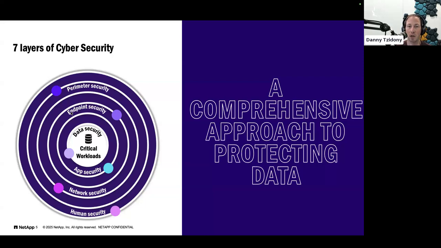Whatever application we're using, whether for leisure or for business, also must be protected. Code could have vulnerabilities. I'm sure that the developers in the audience know all about writing secure code and trying to minimize breaches and weaknesses. And that's another important aspect. And last but not least, we've got data security itself, where the data resides.